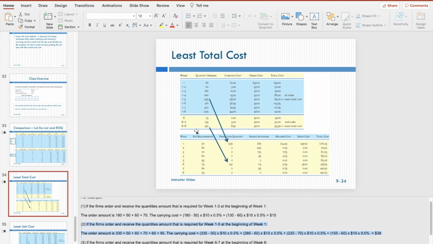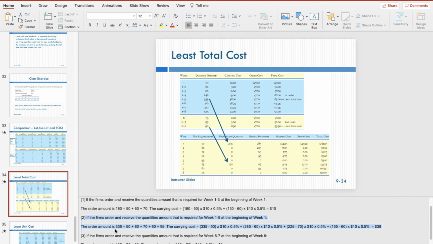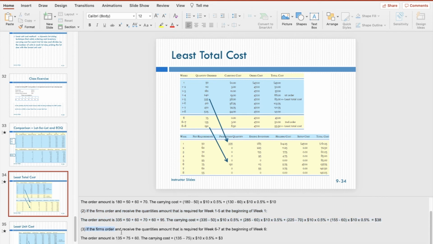Here I will not repeat it again, but to help you, I list how we get, for example, this amount, $3 for the week 6 to week 7 option. You can try to get all the numbers showing here yourself. That will be very helpful for you to get a deeper understanding of this technique.